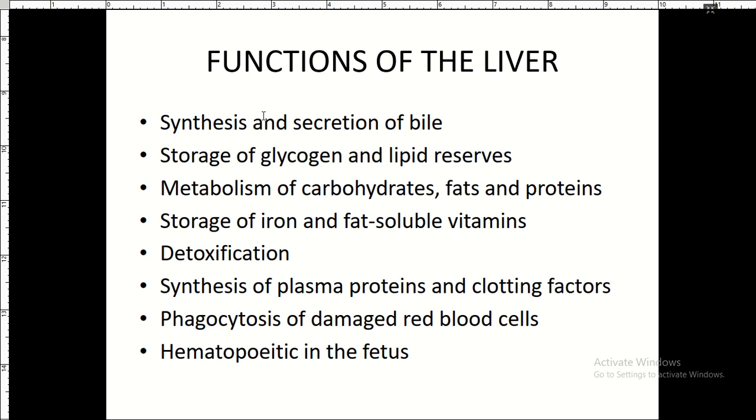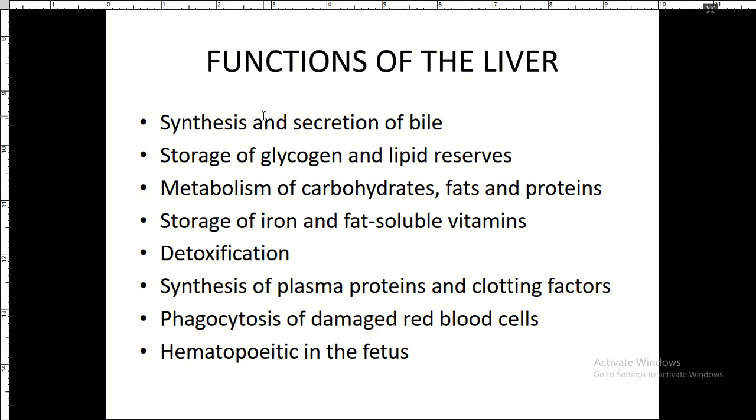One of the functions is synthesis and secretion of bile, which is used for emulsification of lipids in the duodenum. It also stores glycogen and becomes a lipid reserve. Remember the action of insulin and glucagon affecting the glucose concentration in the blood.